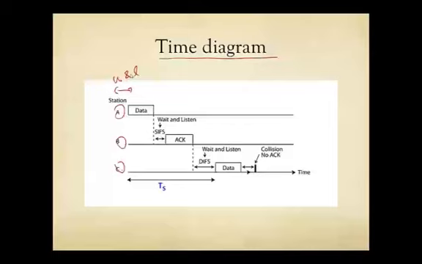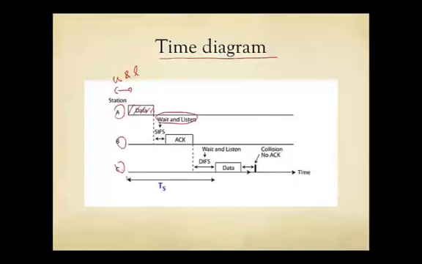Wait and listen and say, hey, there's nothing going on. So station A says, I will transmit some data. And then once you're done transmitting that data, you're going to wait and listen again, and everybody else also waits and listens.